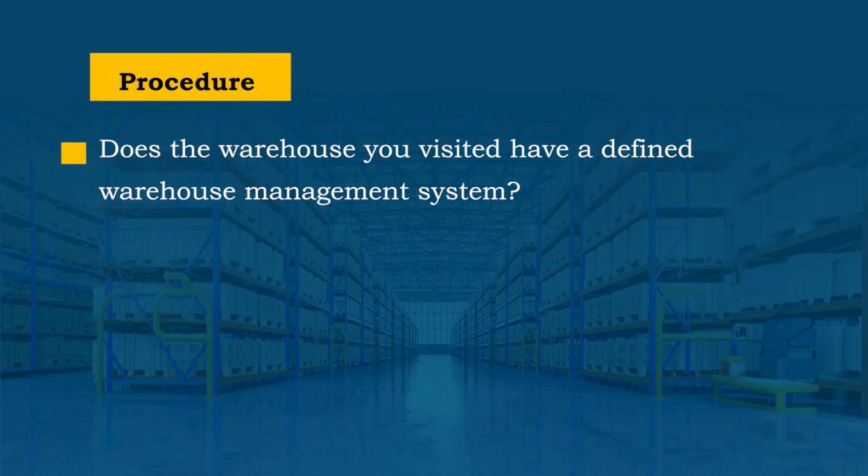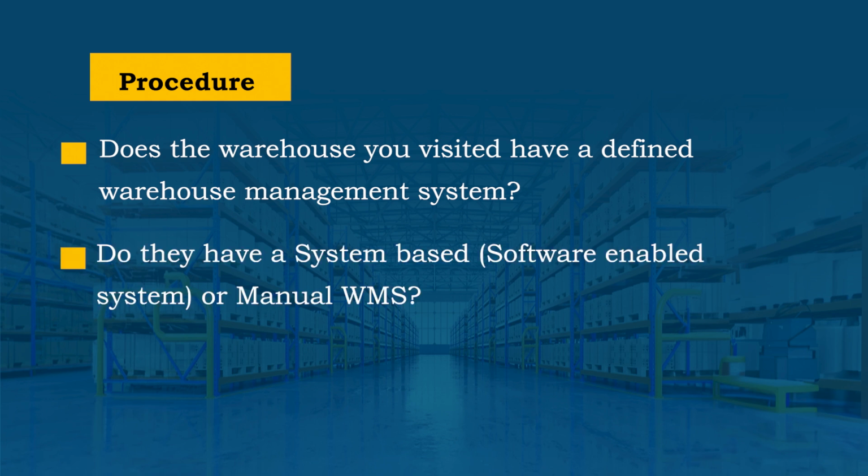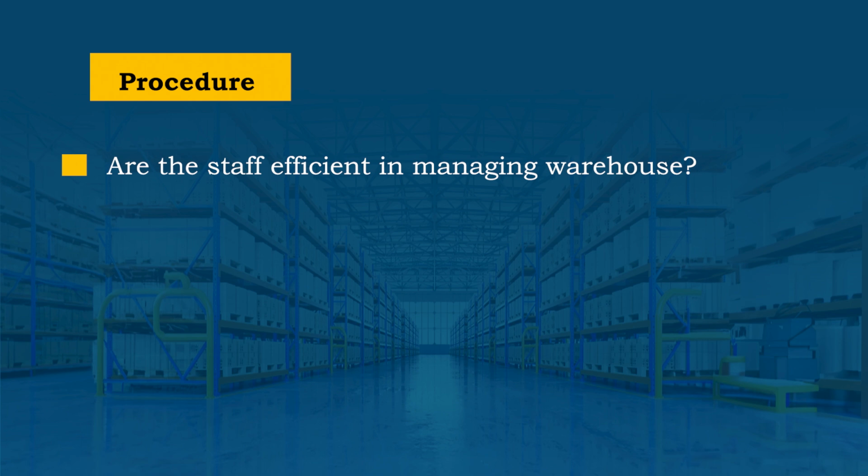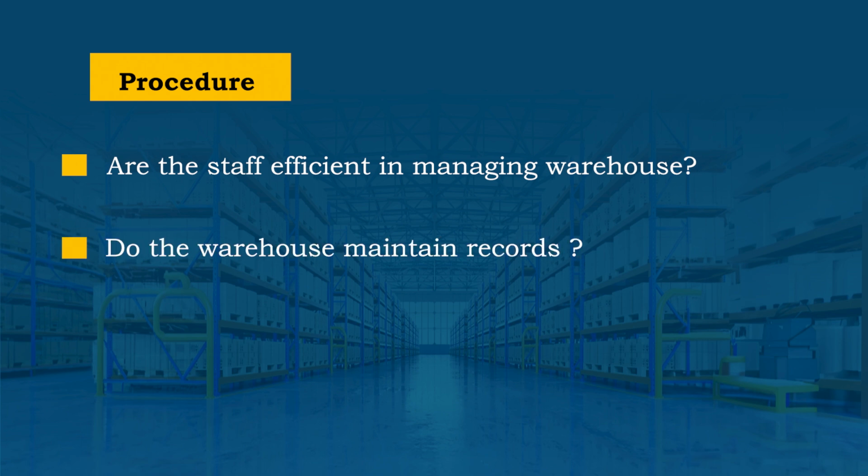First, does the warehouse you visited have a defined warehouse management system? Second, do they have a system-based, software-enabled system or a manual warehouse management system? Third, is the staff efficient in managing the warehouse? Fourth, does the warehouse maintain records?